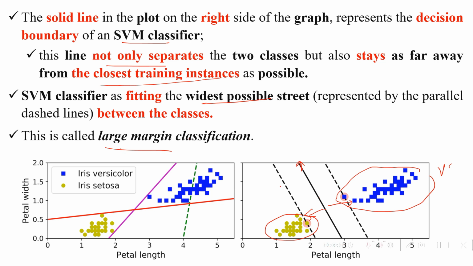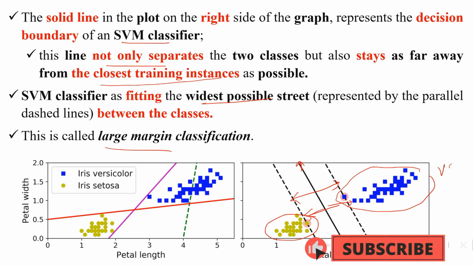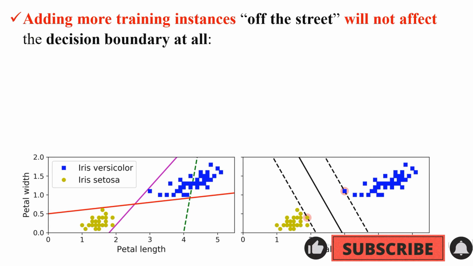Here we are going to maximize the distance between these two parallel lines. We are going to increase the margin between these two parallel lines. Simply, this is called large margin classification.